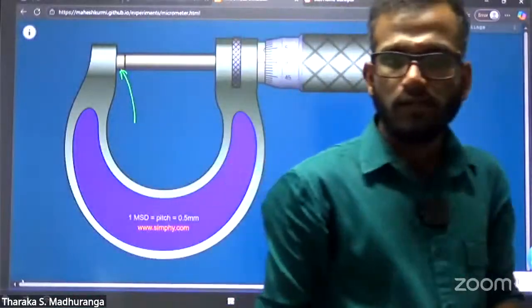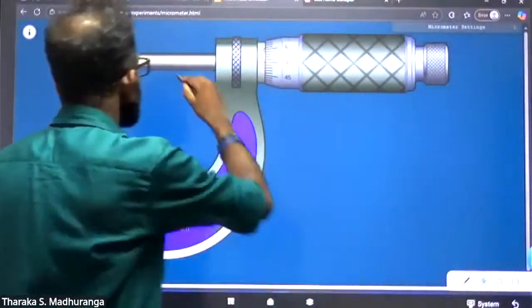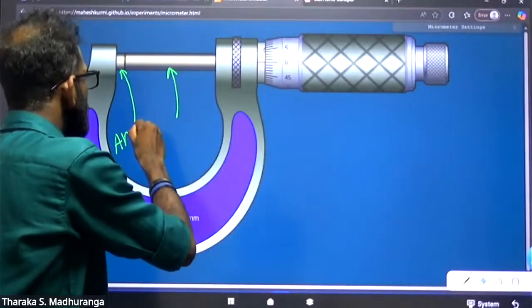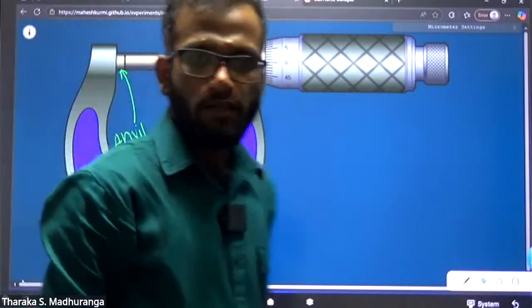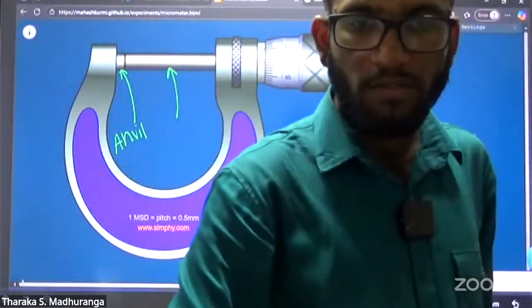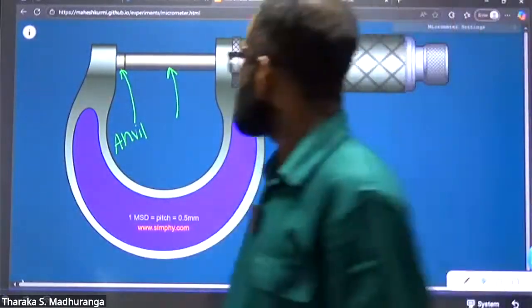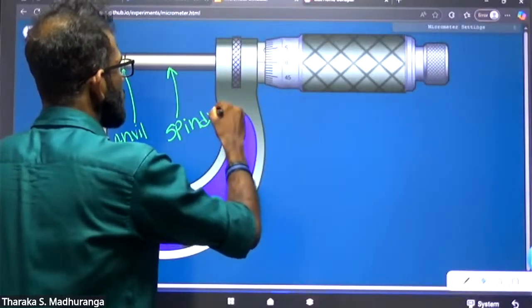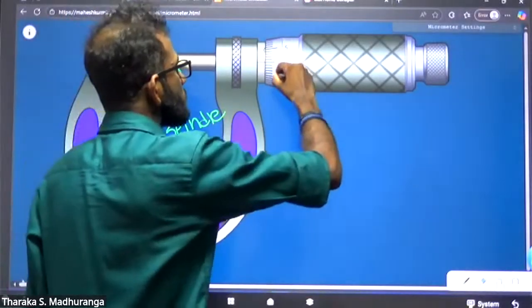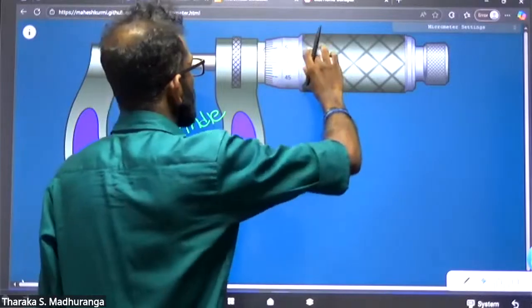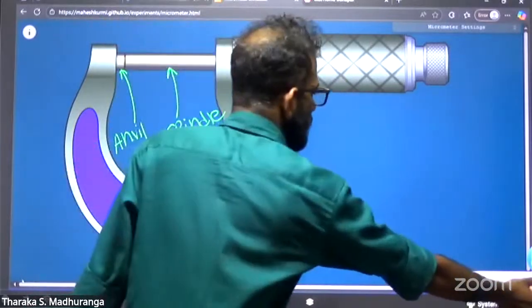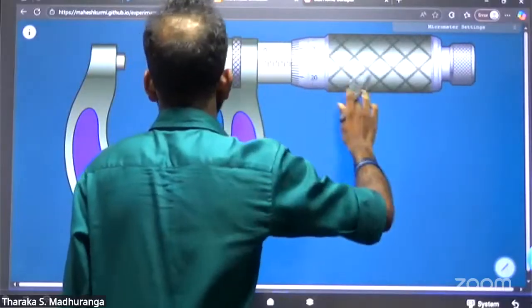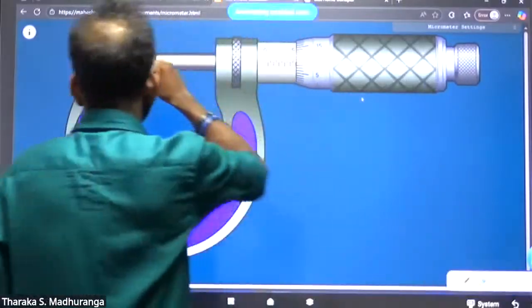This part? Anvil, very good. Anvil. Spindle, spindle. This is the anvil.